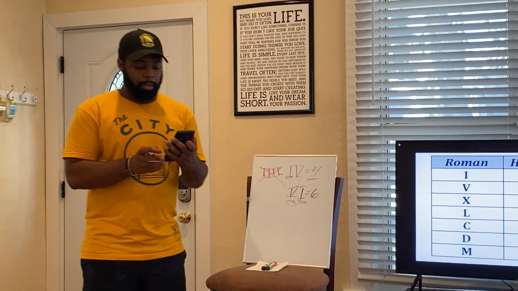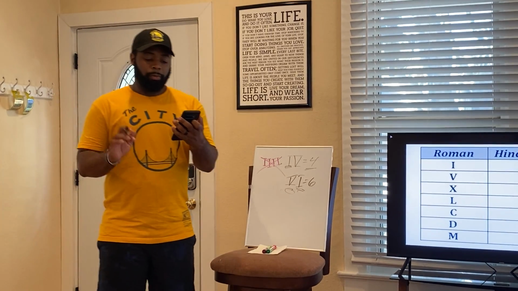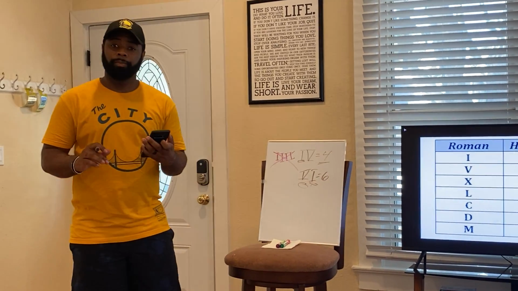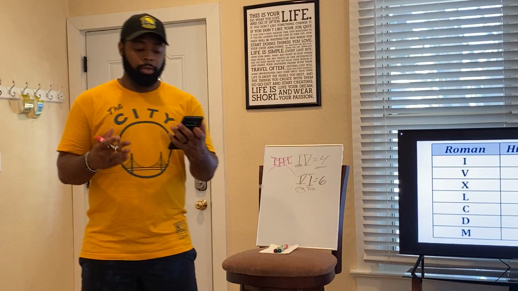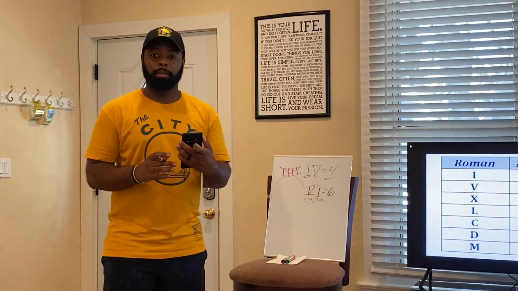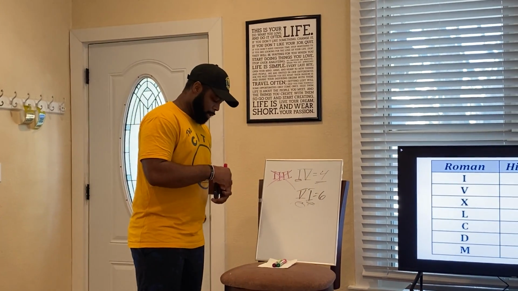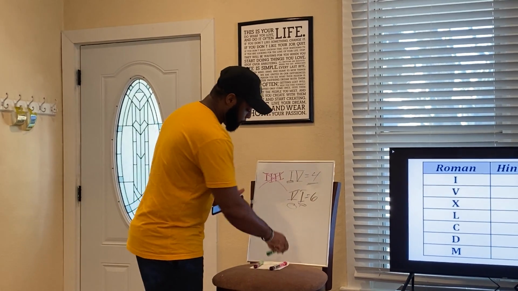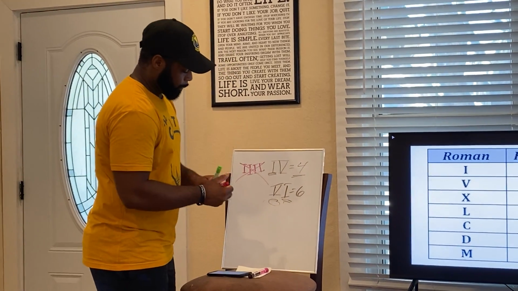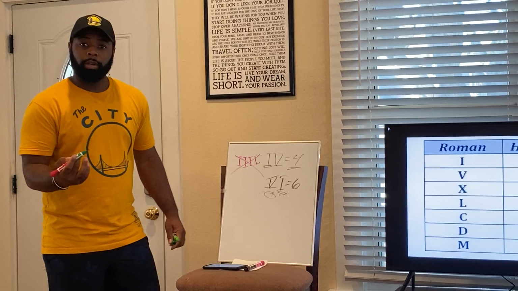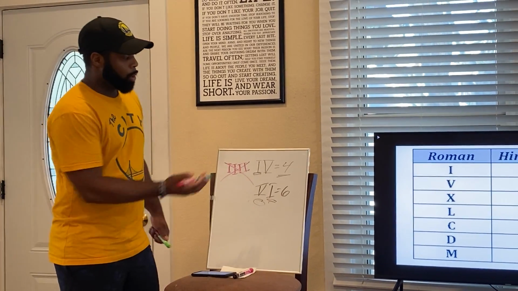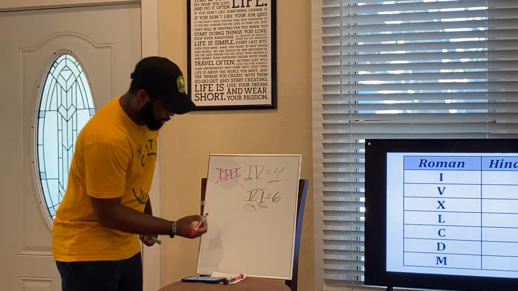Anyways, moving on. Rule number 4: when going above 10 or multiples of 10, you utilize the I or other digits. Let me explain that. Let me use a whole other color for this. Let's say we have the number 10. What is our 10? X, as you can see.